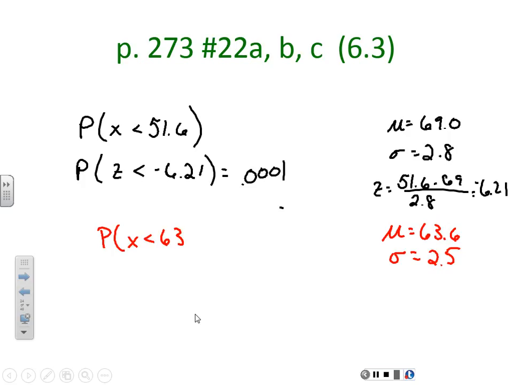We still want to see if a woman can fit through that door that's 51.6 inches tall. So you do 51.6 minus 63.6, divide by 2.5, and you should get a z-score less than negative 4.8.